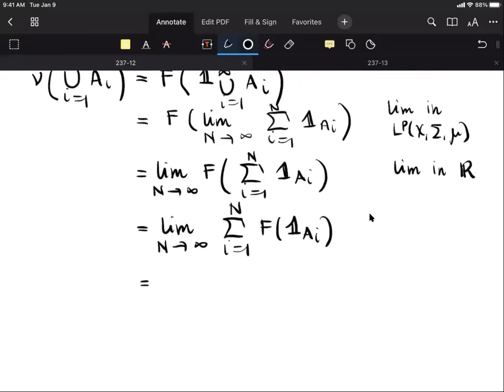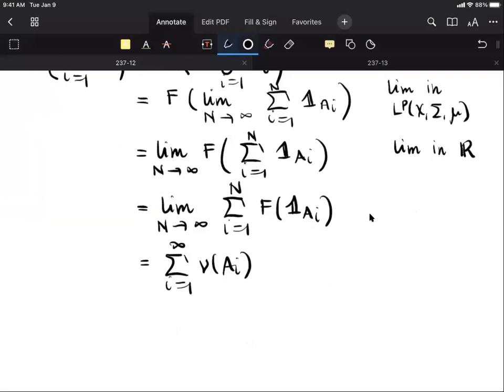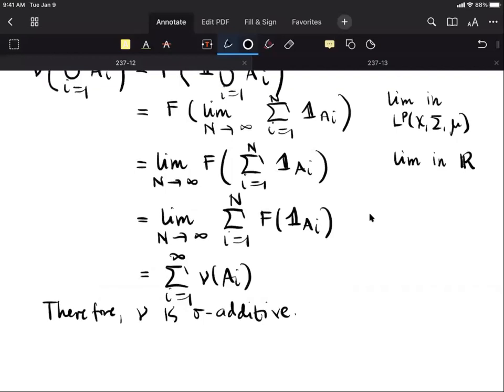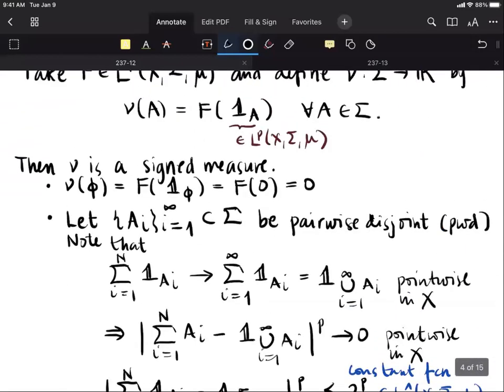So this is now the series. By the definition of nu, this is nu of A sub i. So therefore, this implies that nu is sigma additive. So a sigma additive function on a sigma algebra having the property that the value of the empty set is 0 is what we call a signed measure.